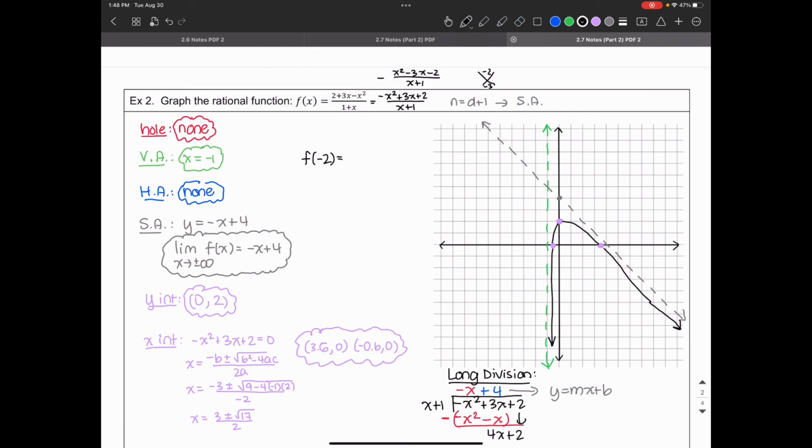If I pick negative 2, I'm going to have 2 plus 3 times negative 2 minus negative 2 squared, all over 1 plus negative 2, which will give me 2 plus negative 6, negative 4, so it will give me negative 8 over negative 1, which is 8. So negative 2, comma 8: 1, 2, 3, 4, 5, 6, 7, 8, right here. As I go to the right, I'm going to get closer and closer to the vertical asymptote. As I go to the left, I'm going to get closer and closer to that slant asymptote, and that's what my graph is going to look like.